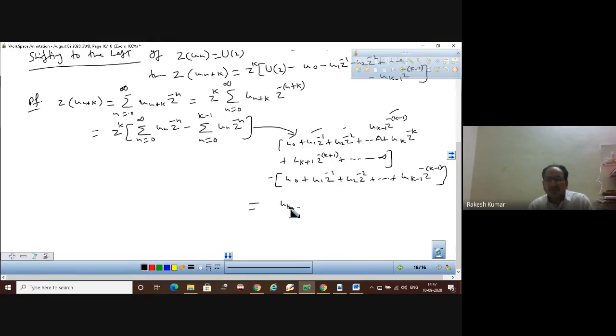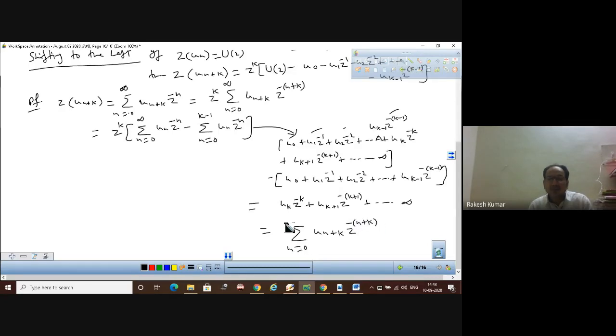That is u_k z power minus k plus u_(k+1) z power minus of (k+1) plus so on up to infinity. And what will this be? That will be equal to u_(n+k) z raised to power minus of (n+k).